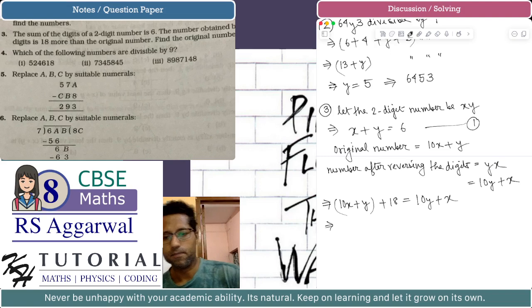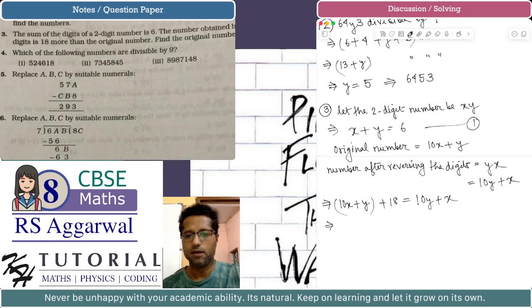If I bring all the x and y terms to the right hand side and the constant terms to the left hand side, I get 18 is equal to 10y minus y plus x minus 10x.